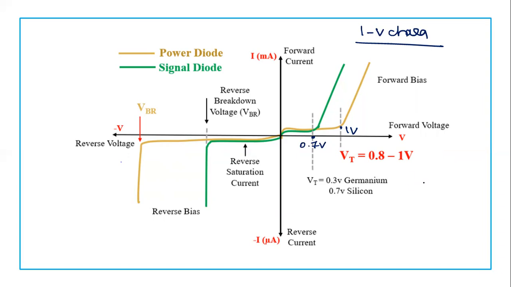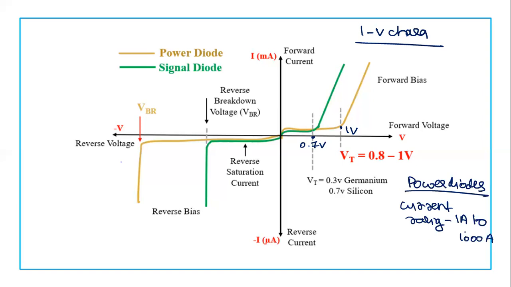So power diodes, if you check the data sheet, you can see that the current rating is 1 ampere to 1000 amperes, several thousand amperes actually, and voltage is 50 volt to 5000 volt.